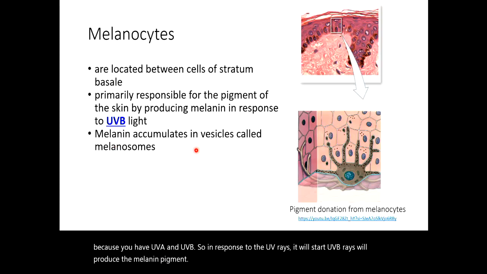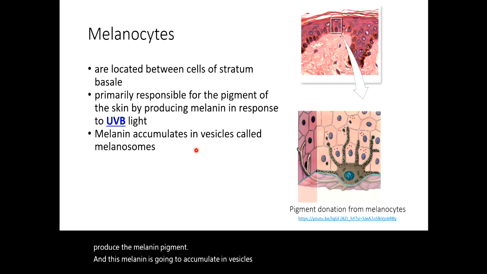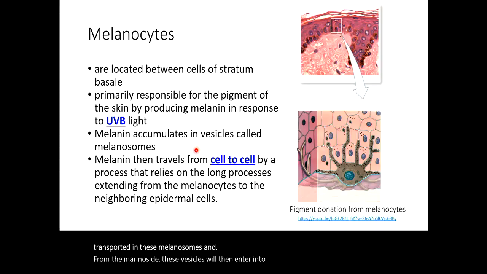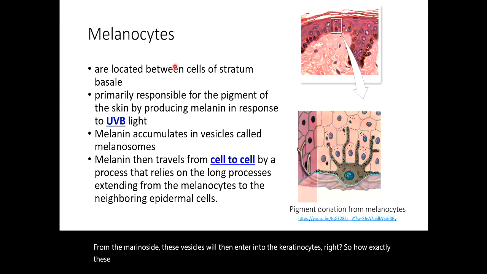And this melanin is going to accumulate in vesicles called melanosomes, and it's going to be transported in these melanosomes. And from the melanocyte, these vesicles will then enter into the keratinocytes, right? So how exactly these melanocytes enter into these keratinocytes, I want to highlight that by showing you a short video clip.